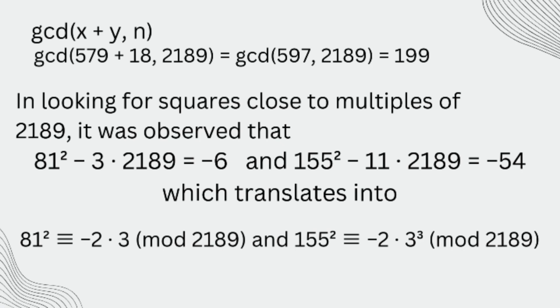Which translates into 81 squared is congruent to negative 2 times 3 modulo 2,189, and 155 squared is congruent to negative 2 times 3 cubed modulo 2,189.